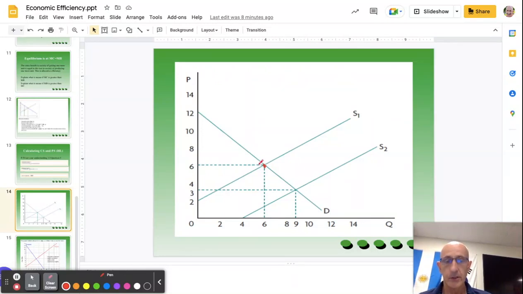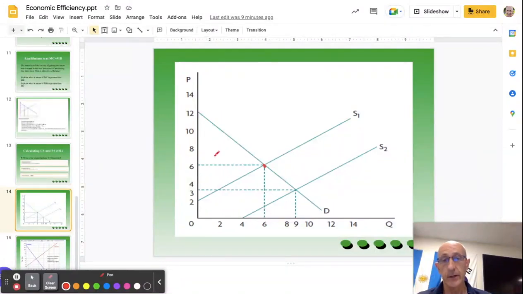In terms of those equations, if we want to calculate the area of this triangle, we've got the point of intercept here on the demand curve, which is at 12, minus the price, which is 6. So 12 minus 6 is 6, multiplied by quantity, which is 6, so it's 36, divided by 2.